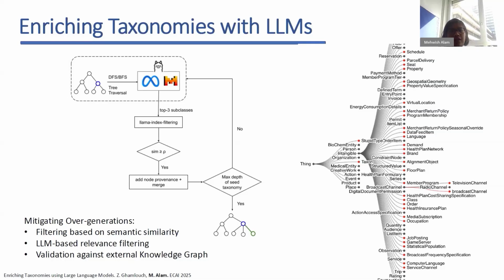The idea is to expand this to other taxonomies. So in this case, we will be moving towards the biomedical domain, because you have taxonomies like UMLS and MeSH, and they have been there for quite a long time. So we want to see if it is applicable to these taxonomies which are out there.